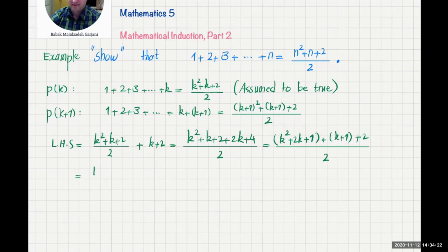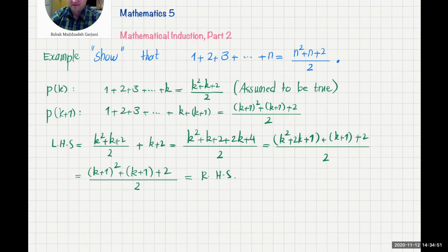It becomes k plus 1 to power 2 plus k plus 1 plus 2 divided by 2. And that is exactly the right-hand side. So you see, if you don't care about P1 using mathematical induction, yes? I have a quick question.